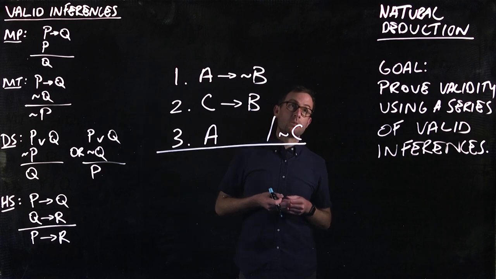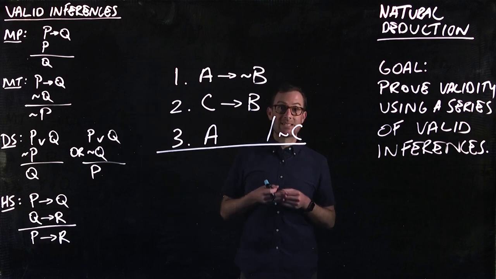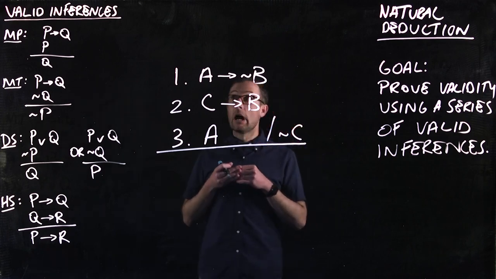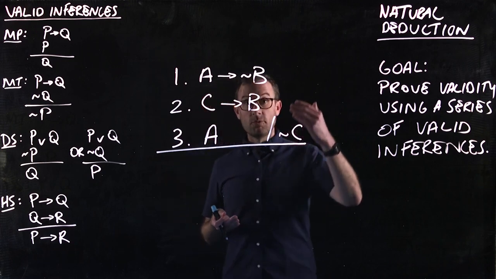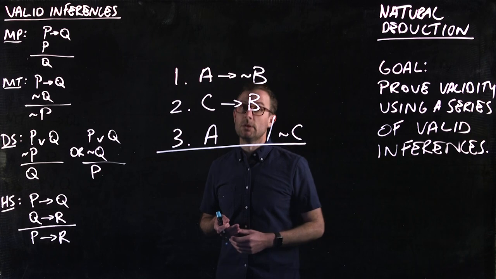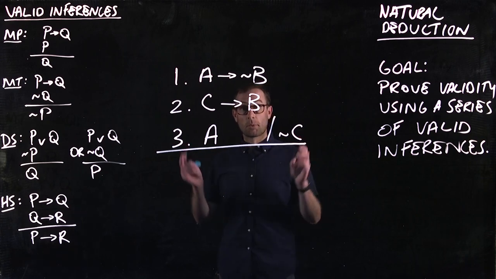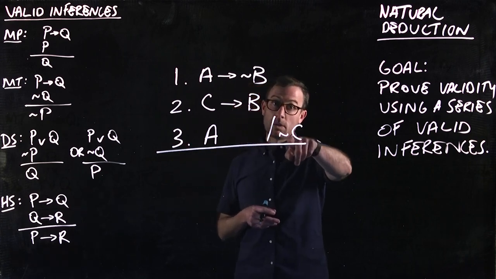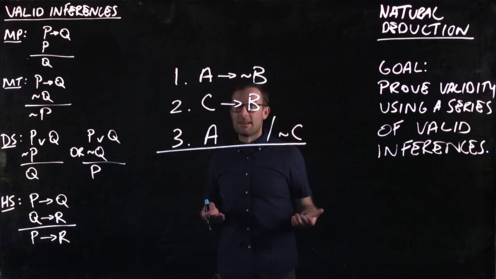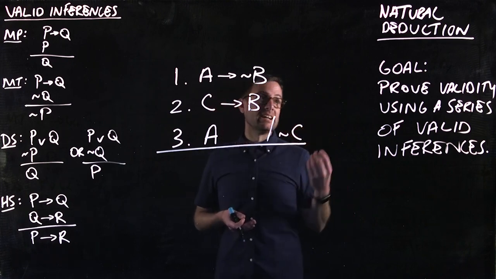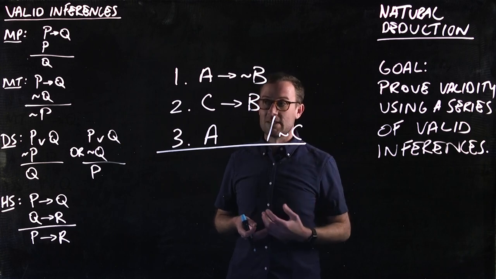If a deductive argument was invalid and you were attempting to use a natural deduction proof for it, the proof would just go on infinitely. You would never be able to prove the conclusion, because the argument's invalid. So because I'm a benevolent person, I'm giving you only valid arguments.